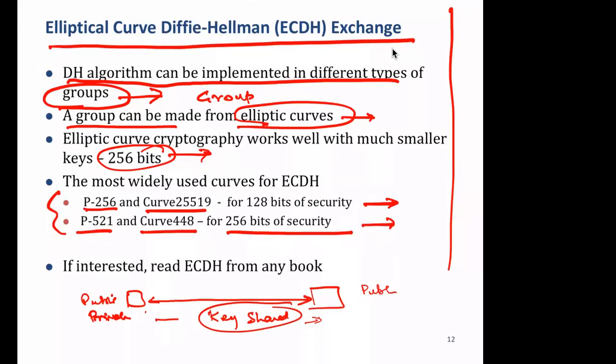Now that shared key can be used for encryption. So Alice will use the shared key for encryption, which Bob will use for decryption. So instead of that, just think that Alice has Bob's public key because of public knowledge. So Alice can use Bob's public key for encrypting the message she wants to send, which Bob can decrypt.